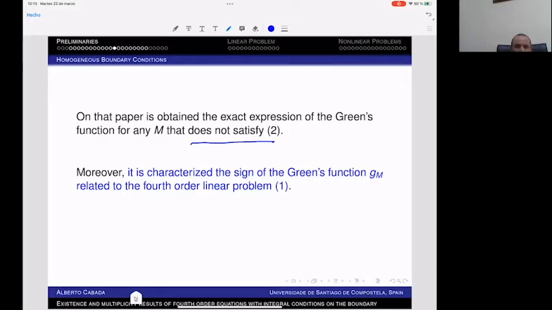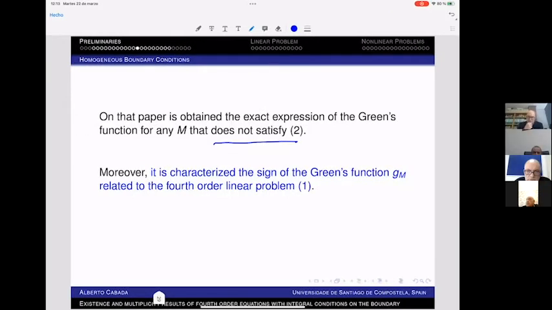Okay, so one can plot and see the behavior of the Green function, but it is difficult in general to get an exact proof of the values, right? Which are the optimal values of the parameters where the Green function is positive or negative?